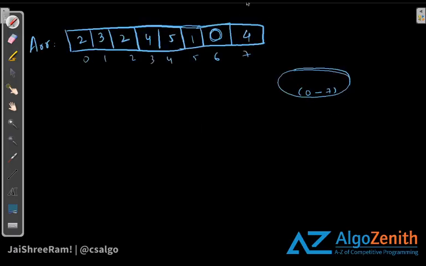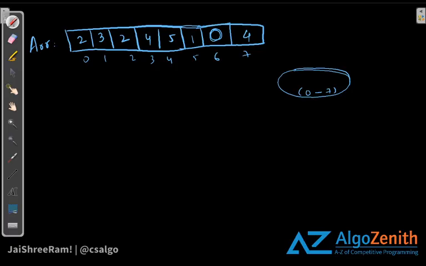Okay, so let's take this 8 element array, just for example. So we want to create a tree on this array so that each element is responsible for some range. Okay, so these are 0 index. So let's suppose this root element of the tree is responsible for the elements from 0 to 7.